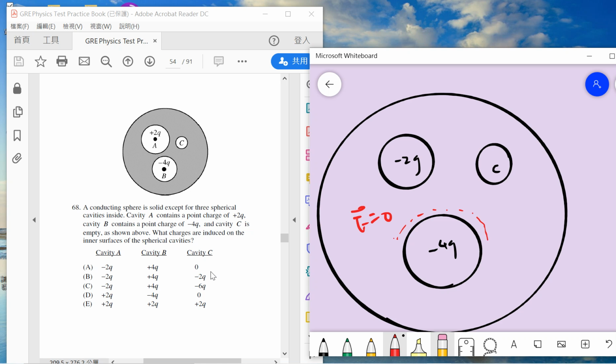When you take a small Gaussian surface, since E should be 0, it should induce minus 2Q on the inner surface, and the outer surface gets the rest. So the answer is A.